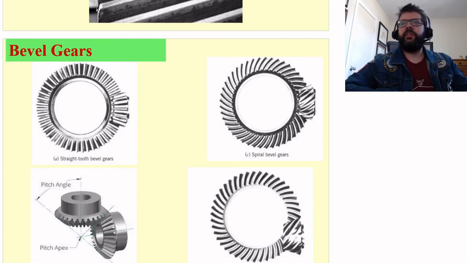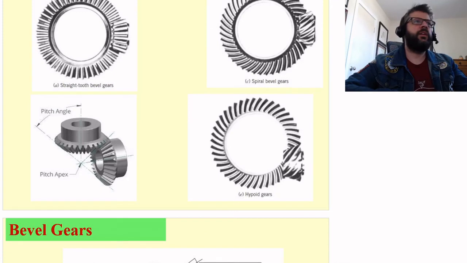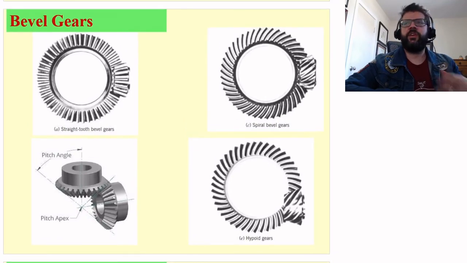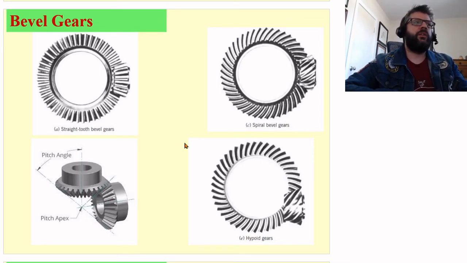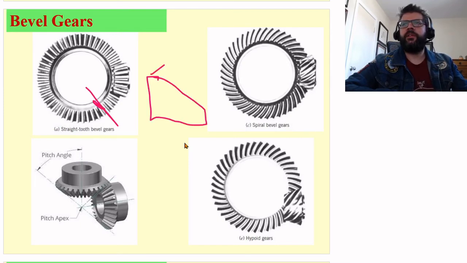So bevel gears. Bevel gears are fun too. I'll be throwing a few videos in Moodle to show you how these work. Bevel gears are basically gears where, if we're looking at the cross section of one of these, you can get the teeth sticking out like this, and then it rotates around this axis up here.